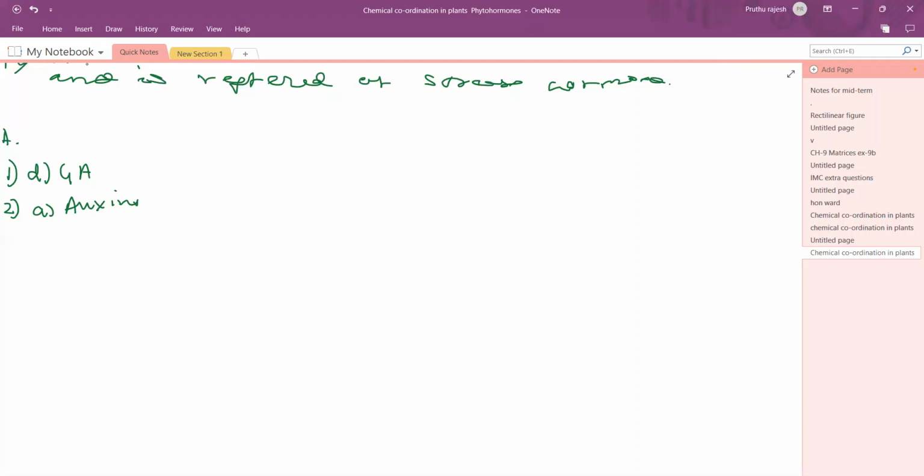Next, third question says which of the following hormones regulates stomatal closure? Auxins, GA, cytokinins, and ABA. It's actually ABA, and another function of it is to regulate stomatal closure. The answer is ABA.